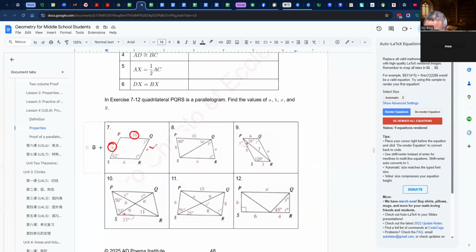We want to find a and b, and this is 62 degrees. We want to find out x and y. So based on the properties of parallelogram, we should be able to figure out a, b, x and y. Yeah, you can just put it in the chat.